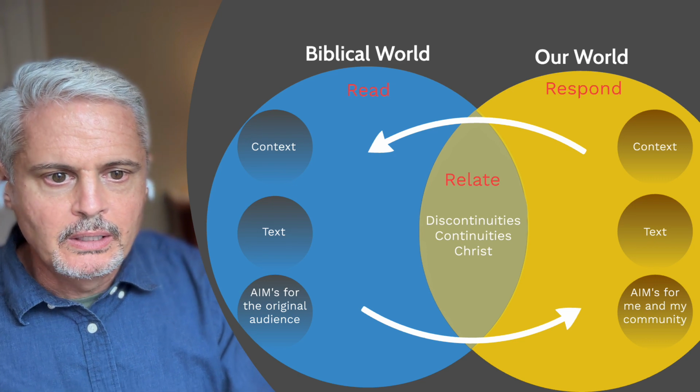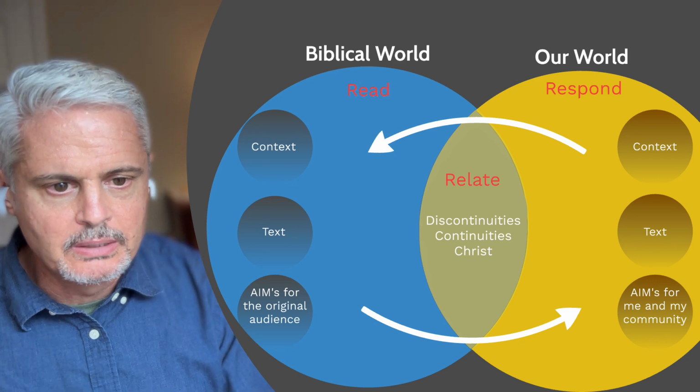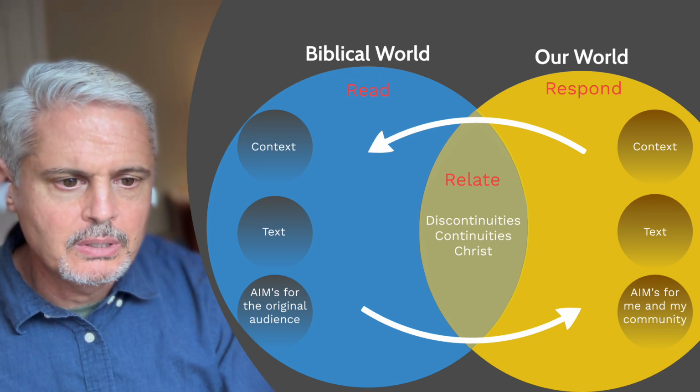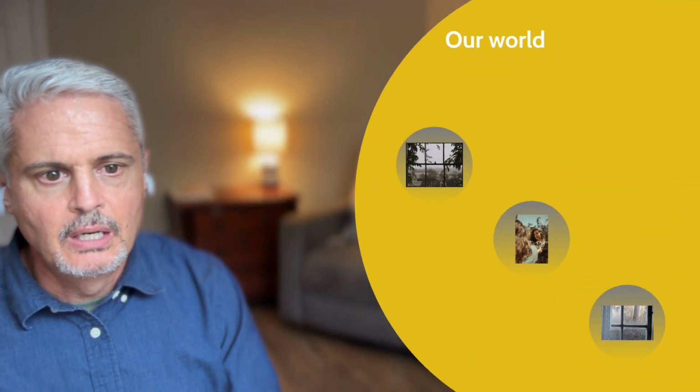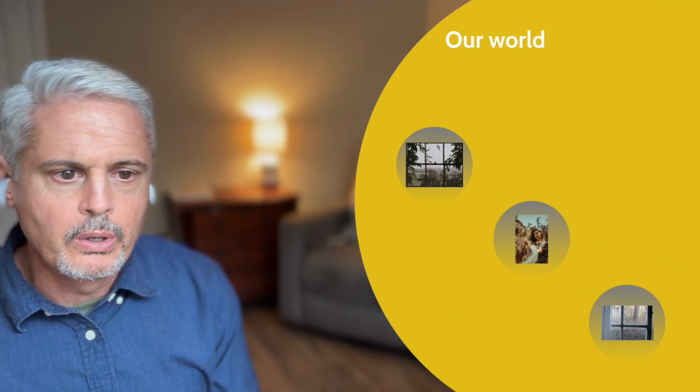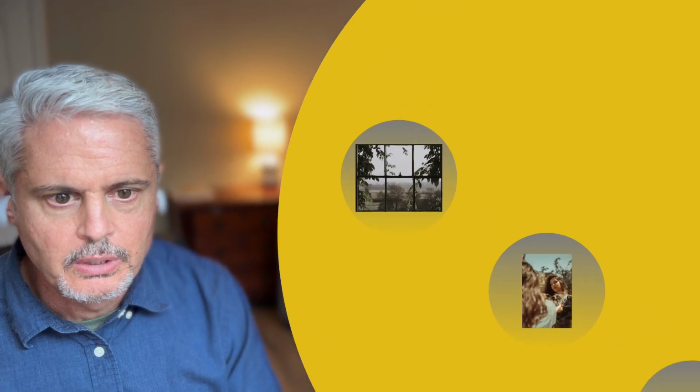But before we get into the whole model and begin to dive in, I want to think through three different philosophies in our world when it comes to reading the scriptures.